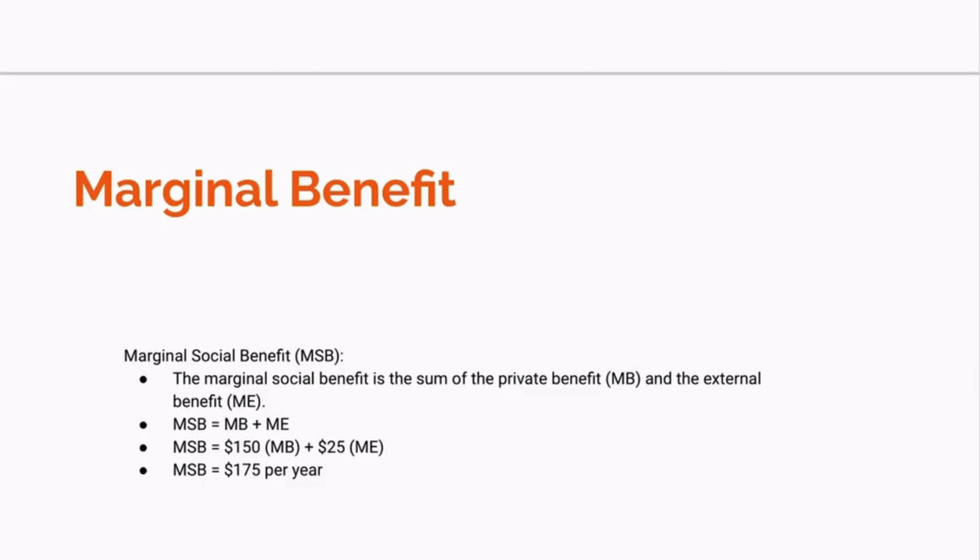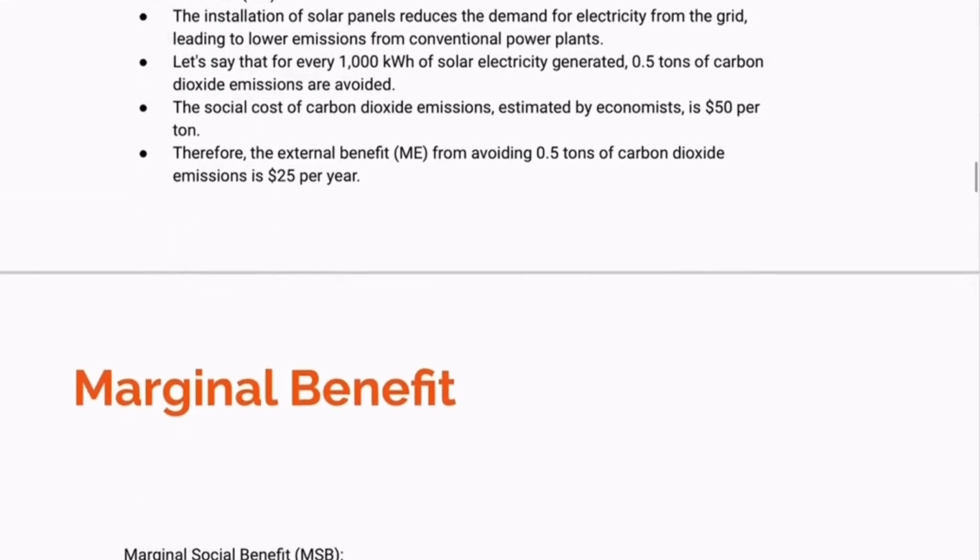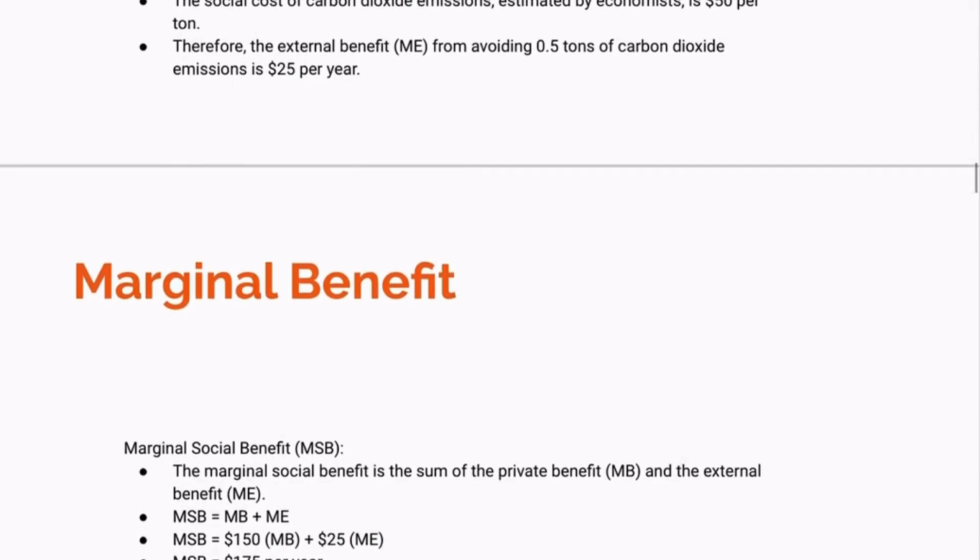Now, why is that family getting that? It is because of adding a solar panel, right? And when you are adding one solar panel, that is going to result in a marginal increase in social benefit, and that is $25, whereas the marginal private benefit of installing a solar PV panel was $150.